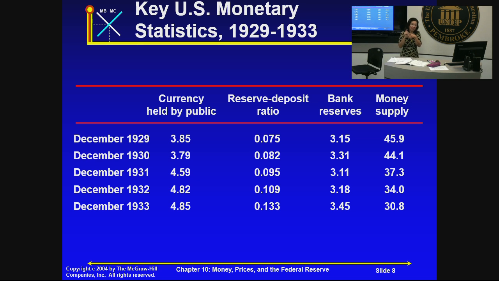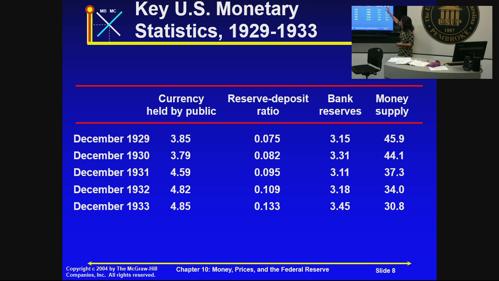Do you remember what happens if you increase that reserve deposit ratio, meaning the higher the number, let's say from 7.5 all the way to 13.3? That means the bank will have to set aside a bigger percentage as reserve. That means a lesser percentage to be loaned out as computer loans, mortgages, what have you. So that means less chance for them to make money. So money supply should come down in that case.